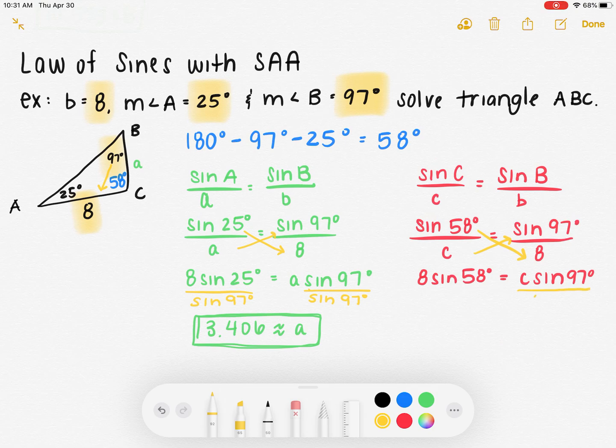To get C by itself, I divide by sine of 97 degrees. That's going to give me 6.835 once I put that in the calculator.